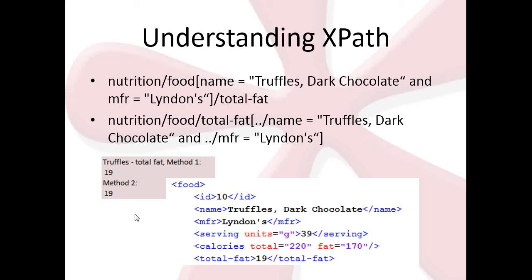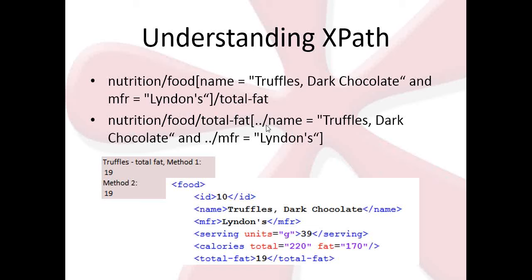Now the difference you're going to see here, and here's my little screenshot from InfoPath where I used the same method in both. I'll show you that in my form. And you can see down here that the total fat is indeed 19 something. I don't know what. I don't want to know. At any rate, this is just a slight change between the two.